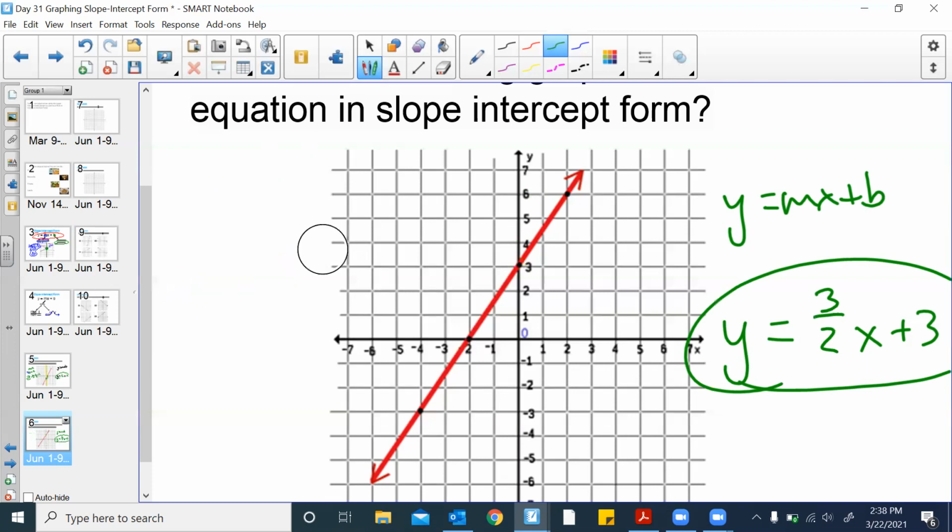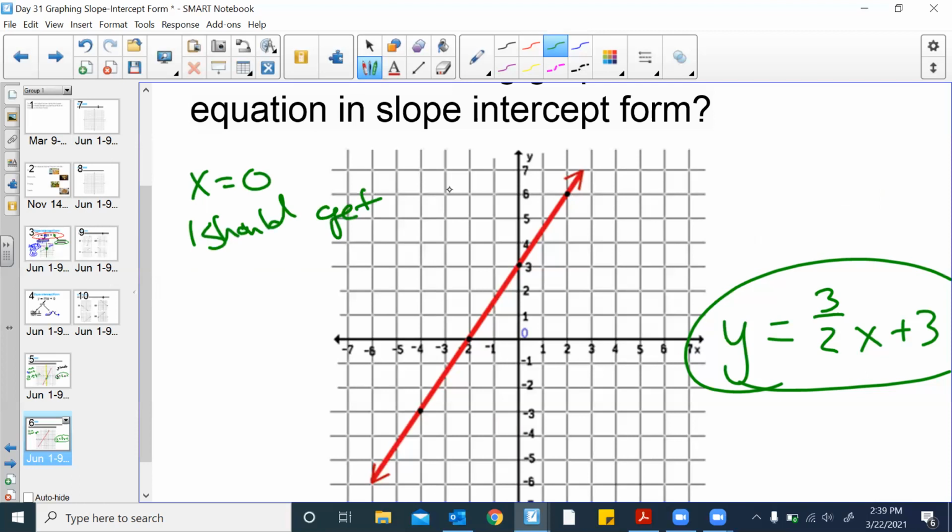Let's see, I know that x is 0 here. So when I put in a 0 for x, when x equals 0, I should get y equals -2. So let's try it out. Oh, I'm sorry. Disregard that.